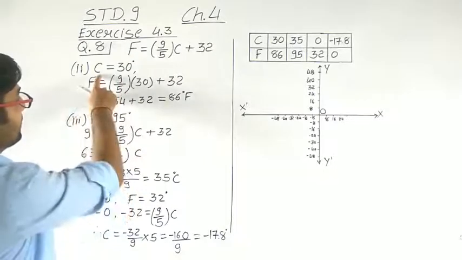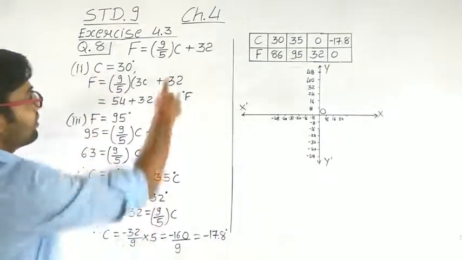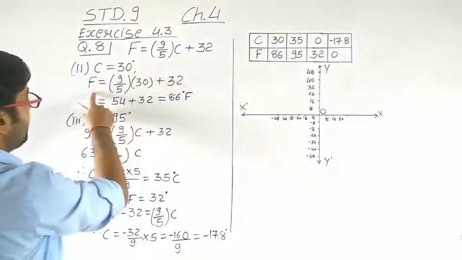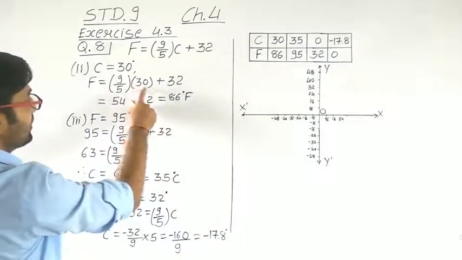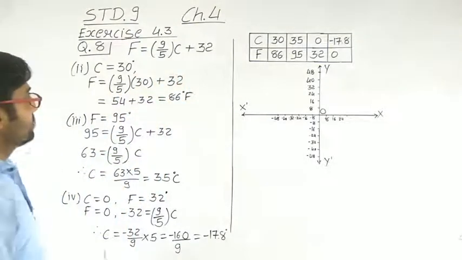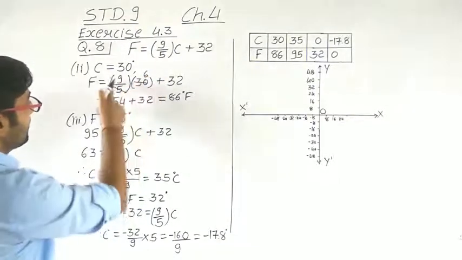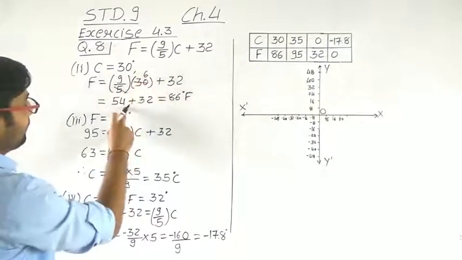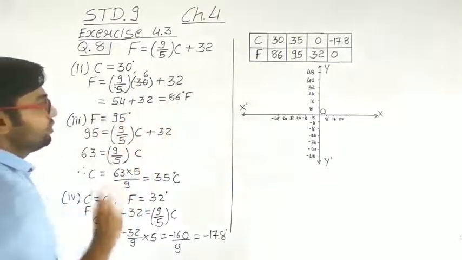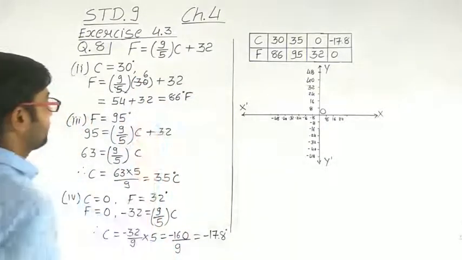That means we have the value of C. Put the value of C here. So we get F = 9/5 × 30 + 32. Here when we cut 5 sixes are 30, we get 9 × 6 = 54, plus 32, that is equal to 86 degrees Fahrenheit.